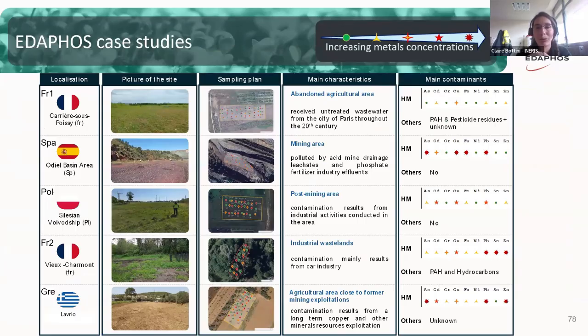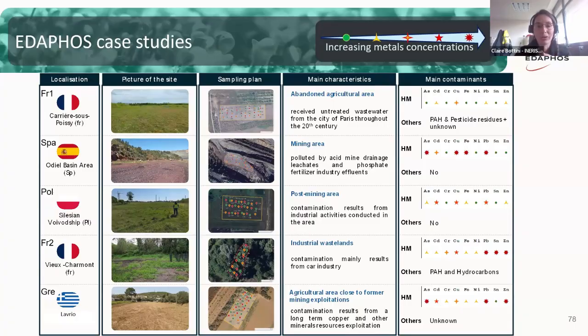So this slide is just a quick presentation of the 5 sites we sampled and where we tested this triad approach. Those 5 sites are all across Europe. They are usually associated with a mining area or agricultural and wasteland contamination. The symbol on the right represents the contamination of different metal concentrations, because for this approach we focused specifically on metals.